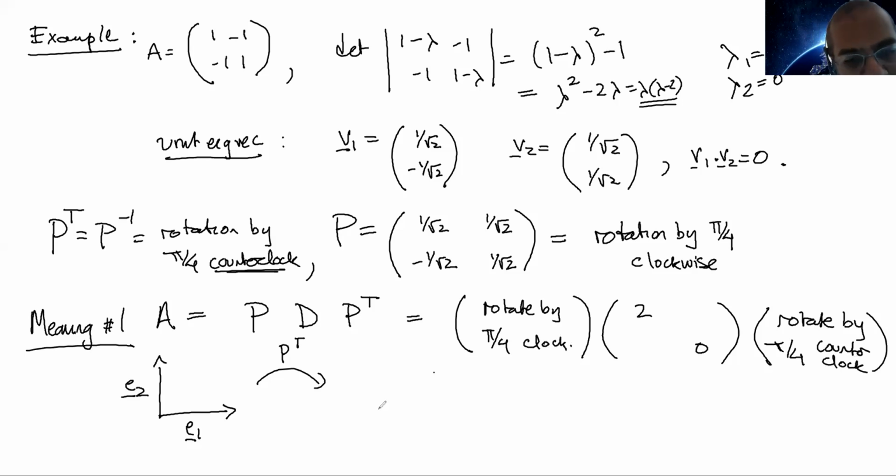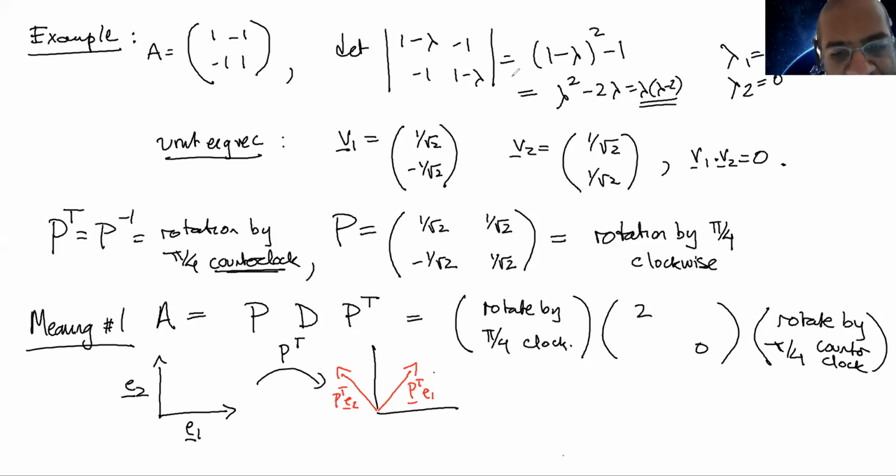Okay, so what does this look like? When you rotate something counterclockwise, it now looks like this. So this is P transpose E1, this is P transpose E2.